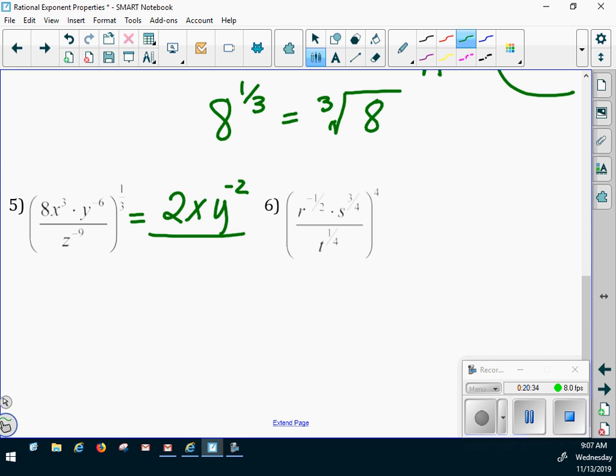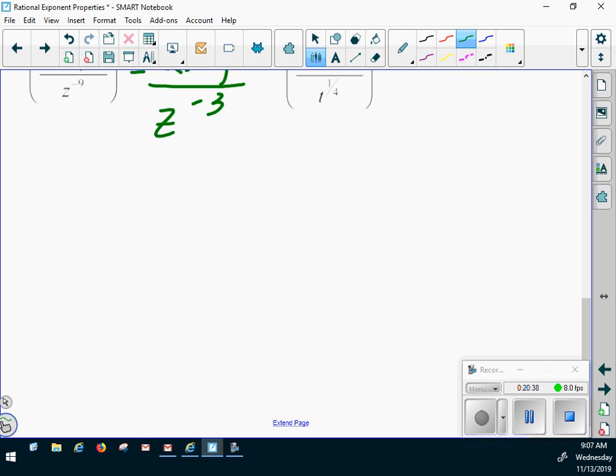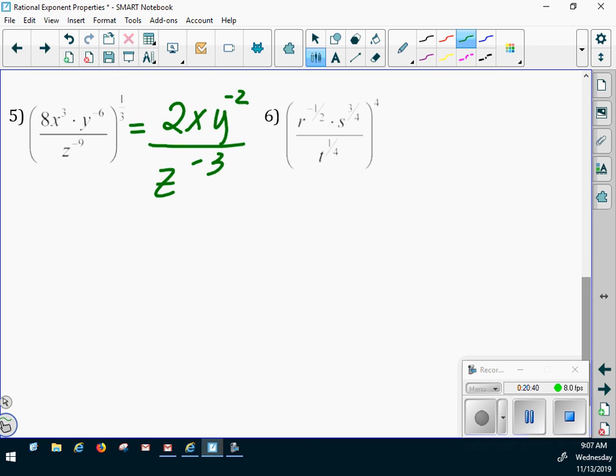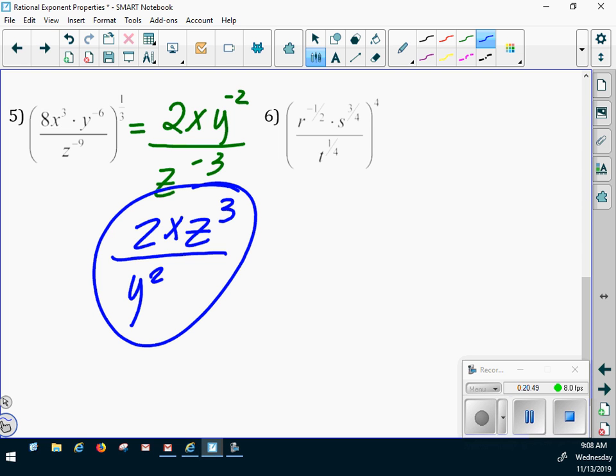Is the 9 negative? So z to the -3. So you should have what? 2x, the y squared goes down here and the z cubed goes up here. This one, any negatives? Because I can't see. -1/2. That's all? So that's r to the -2 s cubed over t, right?